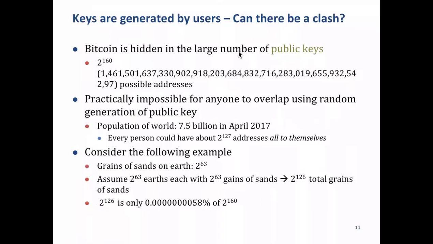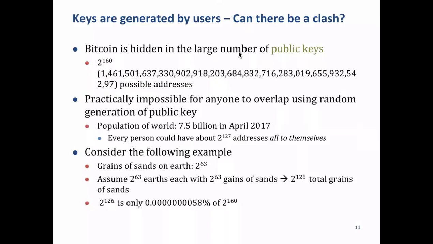It's like you go to a Goa beach, take a grain of sand, color it and drop it there. Then your next friend goes after some time and picks up one grain randomly. What is the probability that he will get the same grain which you have colored? The probability of two people picking the same public key is even lower than that.